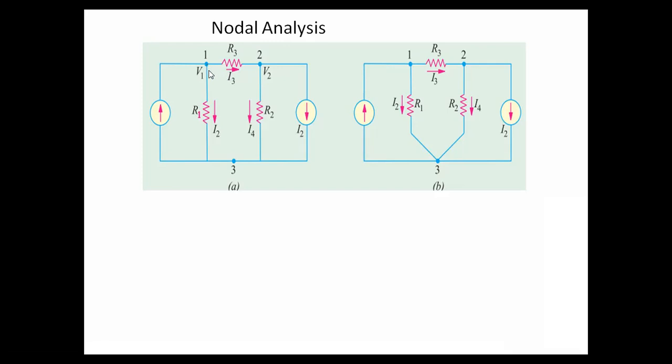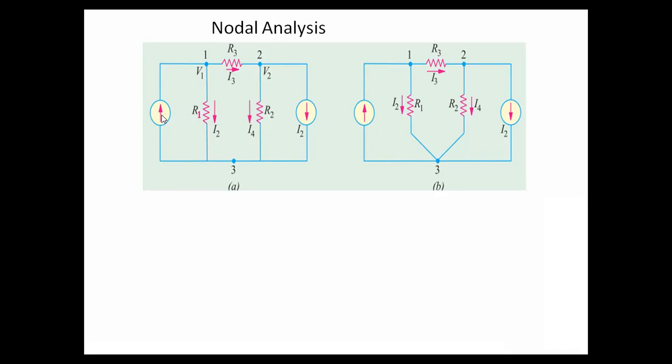For that we have to find the currents. This is the current I2. I2 is flowing in this way, I3 is going in this way, and I4 is going in this manner.